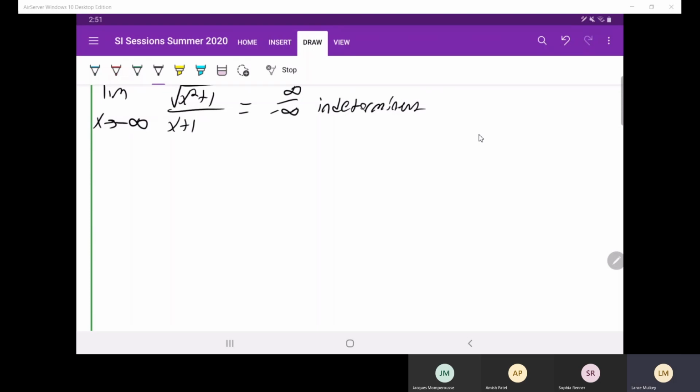But it's tricky because you have a square root. Got to pull out an x squared on the top, and pull out an x on the bottom.